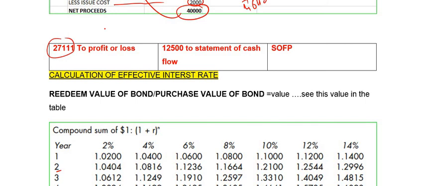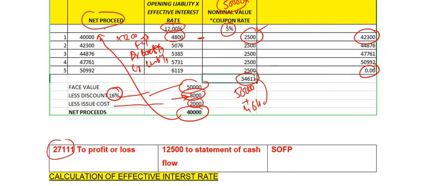If you add up these amounts, you will get this amount, and if you add up these, you will get this amount, and this amount will go to the statement of changes in equity, because it is cash, so it is part of equity, and this will be the finance cost in the statement of financial position at the period end.